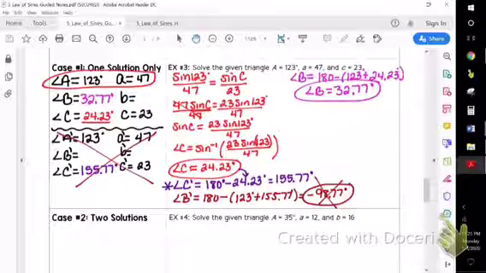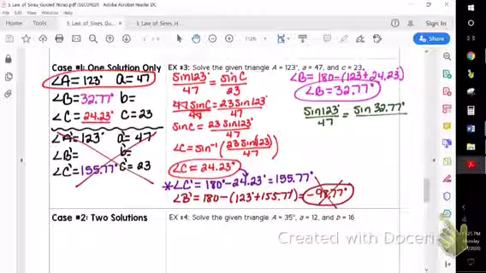And then go ahead and use your law of sines to find side B. Again, I'm still going to use my information for angle A and side A. So we're going to take sine of angle A over side A, and that's equal to sine of angle B over side B, which is what we're looking for.